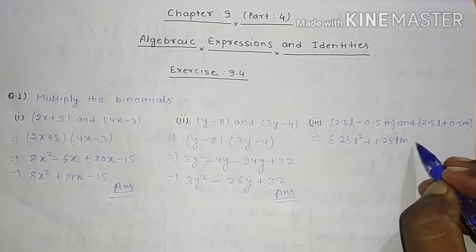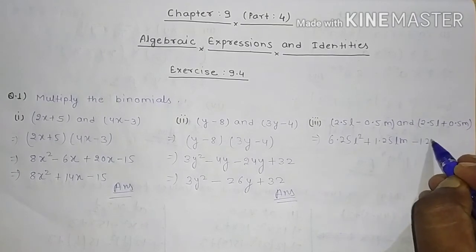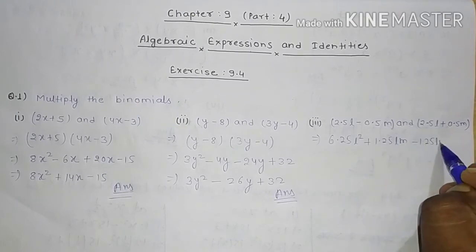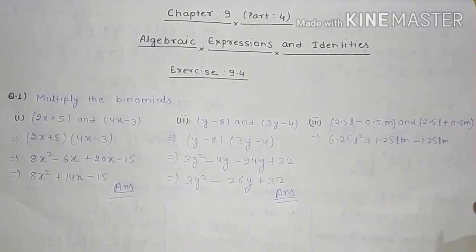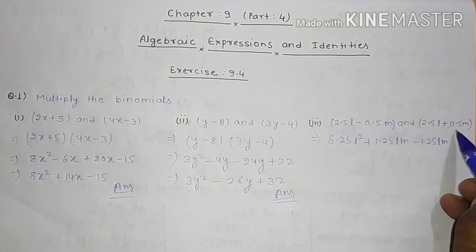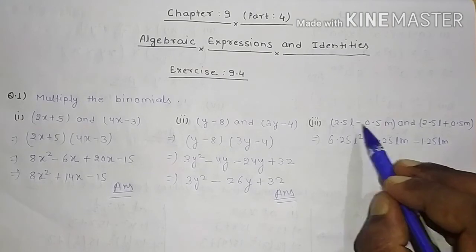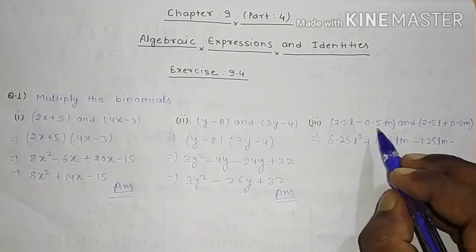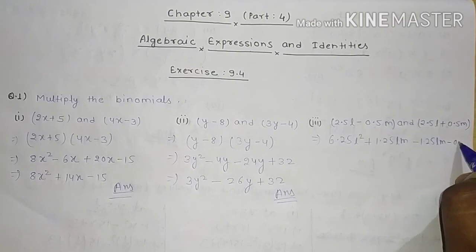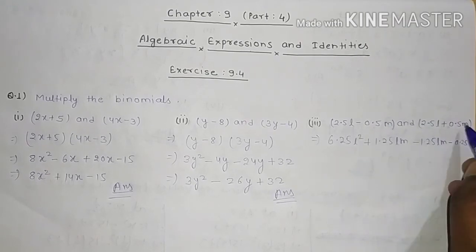Now minus 0.5m is multiplied into 2.5L, so it will be minus 1.25 m into L, that is Lm. Now minus 0.5m is multiplied into 0.5m, so this is minus 0.5 into 0.5, it will be 0.25, and m into m, that is m square.